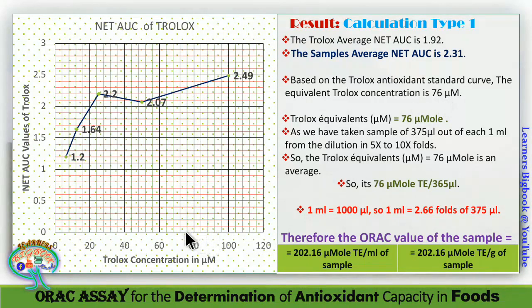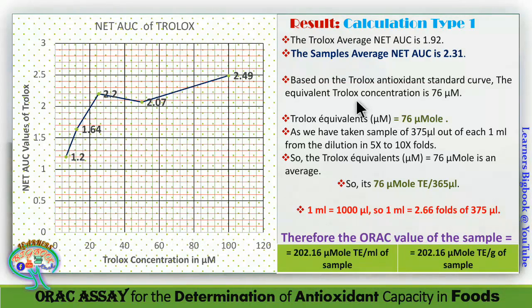Here from 60 to 80 there are 5 divisions. Each division has 4 micromolar of concentration. So 60, 64, 68, 72 and 76 micromolar.